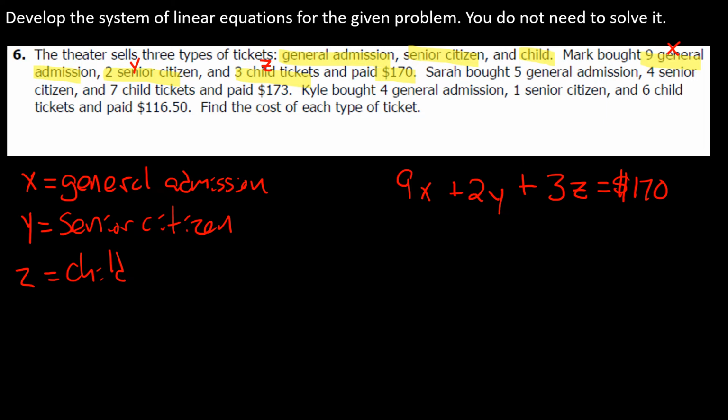Okay. And then it says Sarah bought 5 general admission, 4 senior citizen, and 7 child tickets and paid $173. So we can tag that as well. We're going to say that it was 5x, 4y, 7z, and that all equals 173.